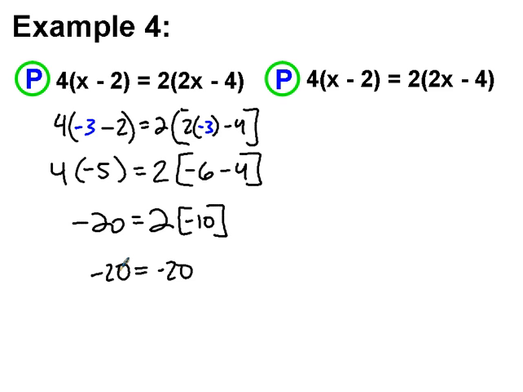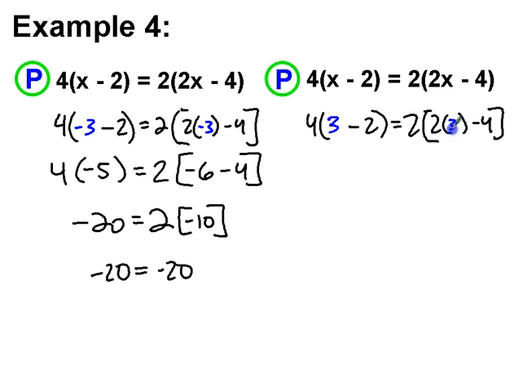But here's the thing. Let's pick another number, like 3. 4 times the quantity 3 minus 2, and 2 times the quantity, 2 times something, which we already said was going to be 3.